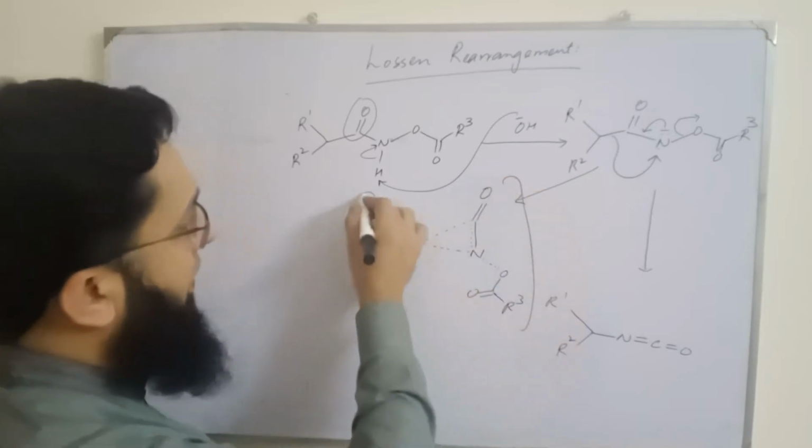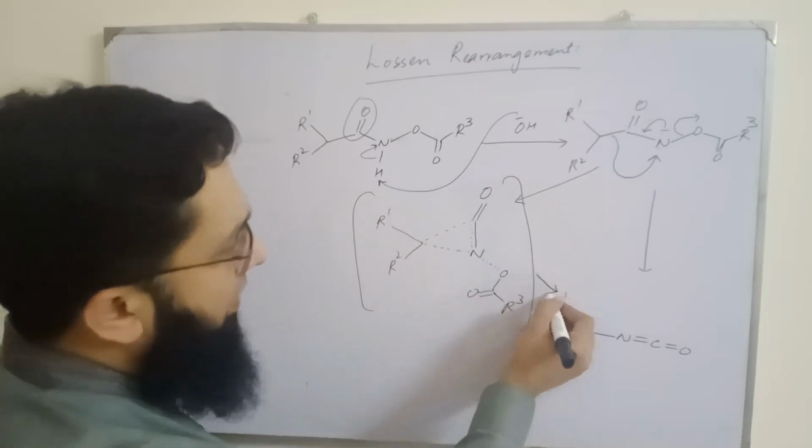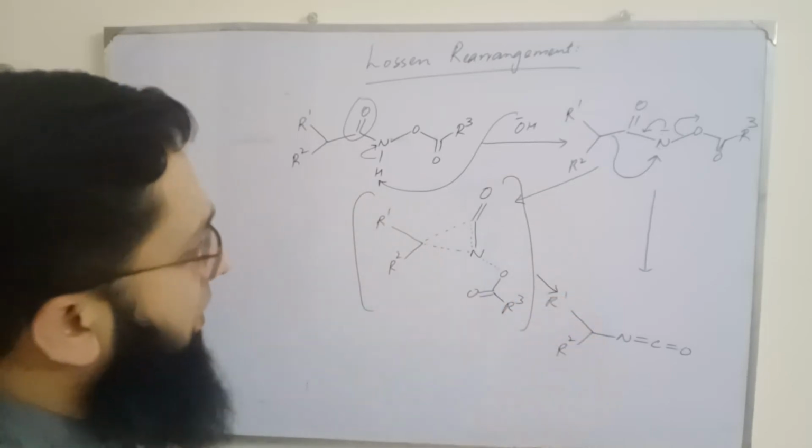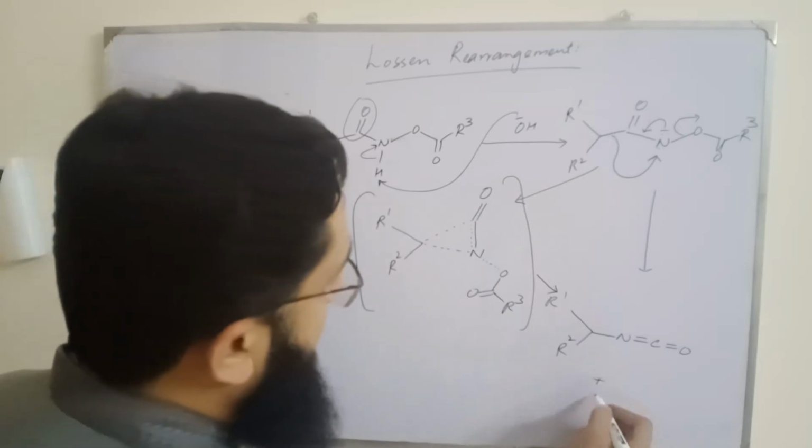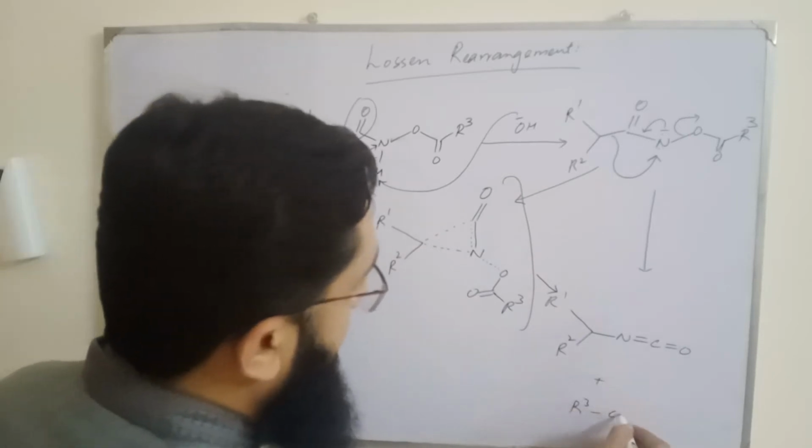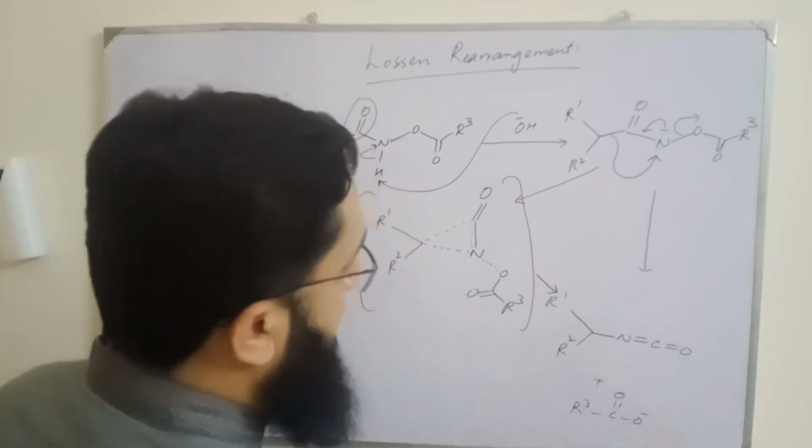So this bridged anion then converts into this isocyanate, and we get this as well.